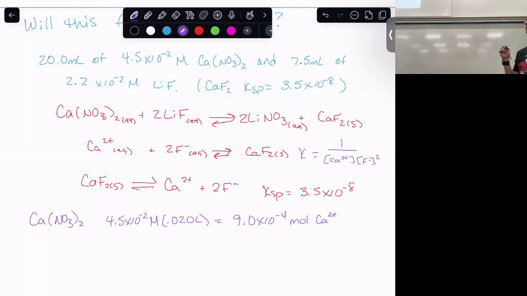Yep, so then to get to concentration of calcium ions, we're going to take this and divide it by our total volume, which is 20 plus 7.5, because we're going to put them into one beaker. So we'll have 0.0275 liters.